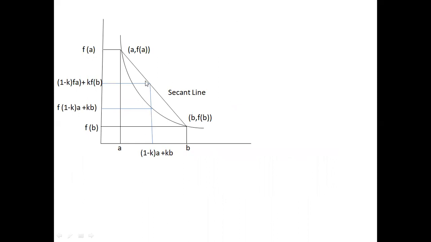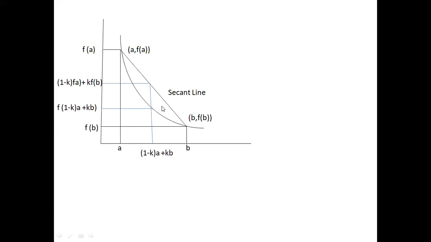This is our diagrammatic representation of the graph to find the convex sets from a convex domain, that is A and B. From A to B, we get the convex sets in this domain.